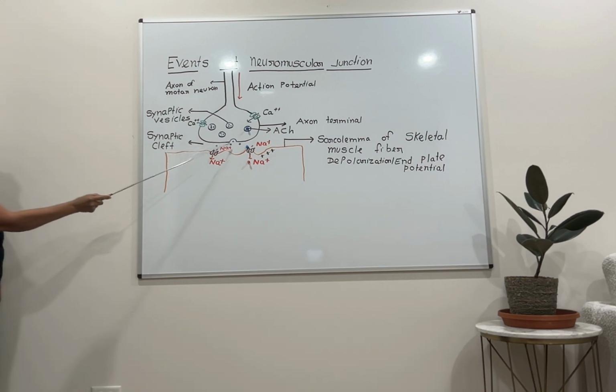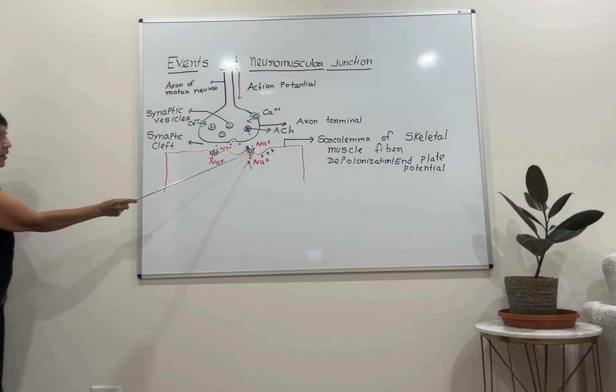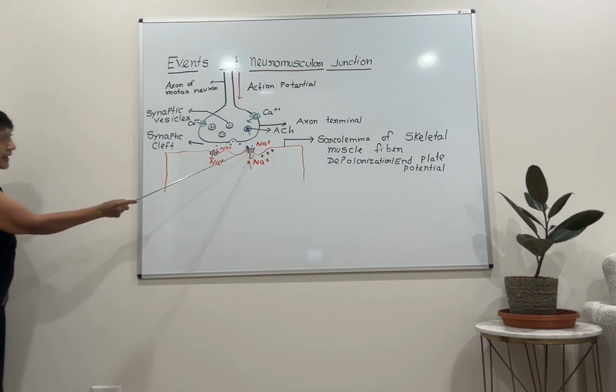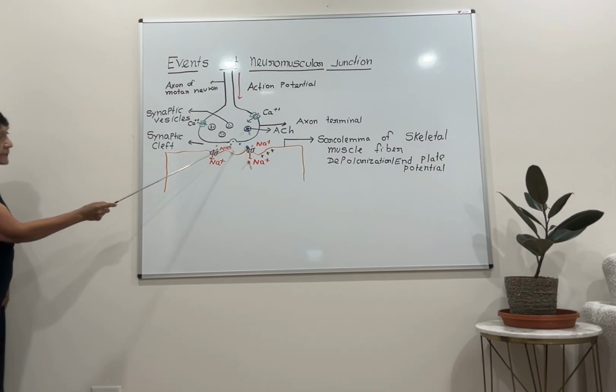The neurotransmitter acetylcholine diffuses across the synaptic cleft and binds to the receptors on the sarcolemma. These are chemically gated ion channels, and they bind these blue acetylcholine molecules.